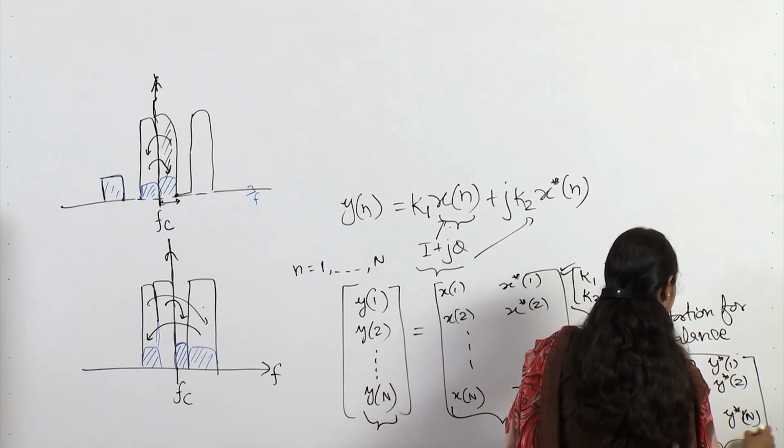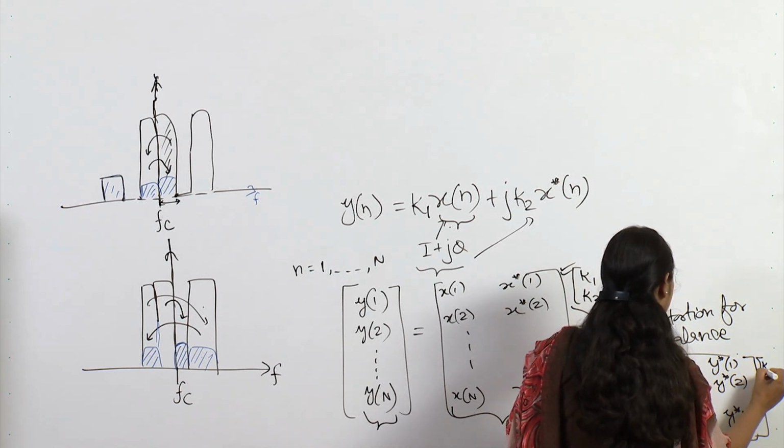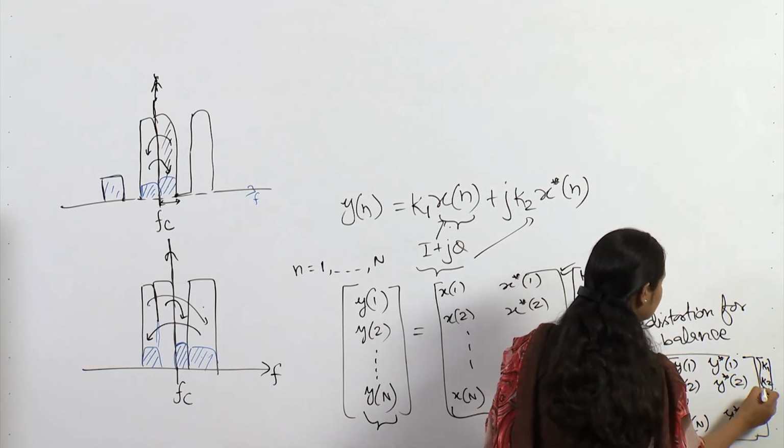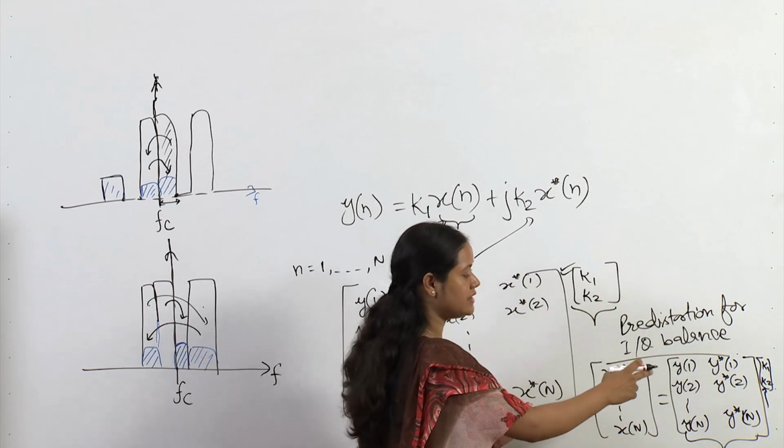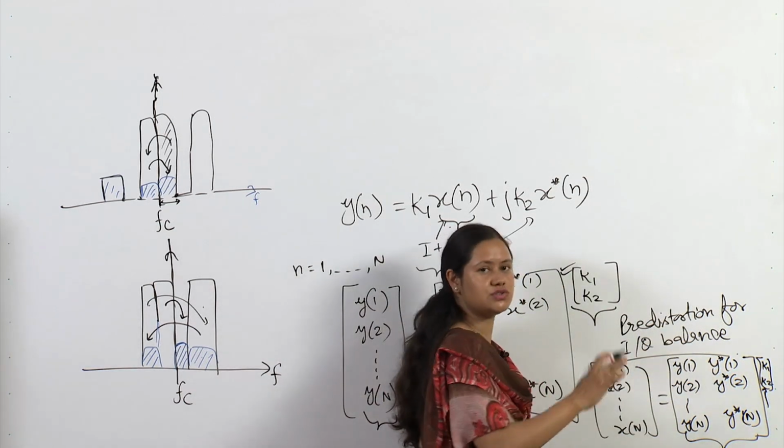It will be your observation matrix, and then you will have your k1, k2. These k1, k2 are not showing your IQ imbalance, they are the coefficients of the predistorter.